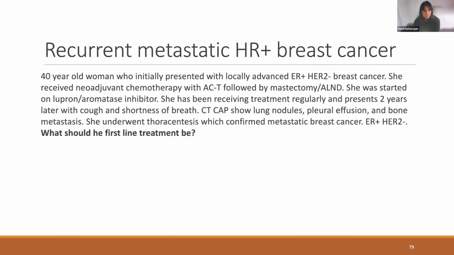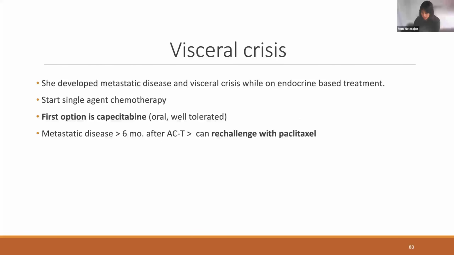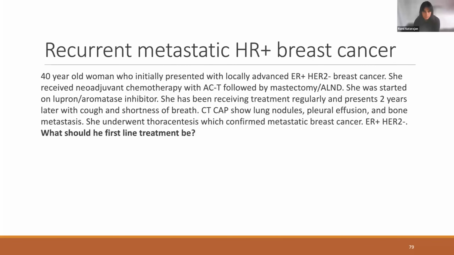So back to our original patient who we talked about earlier, this 40-year-old woman who presented with a locally advanced hormone receptor positive, HER2 negative breast cancer. She received neoadjuvant chemotherapy with ACT, followed by mastectomy and axillary lymph node dissection, and she had a fair amount of residual disease. I didn't put it here, but I think it was about 5 centimeters with 5 lymph nodes. She was started on Lupron and an aromatase inhibitor, and so put into menopause.